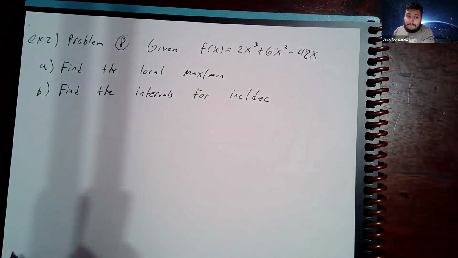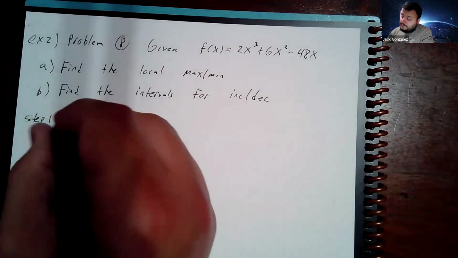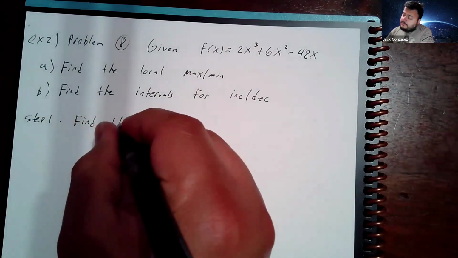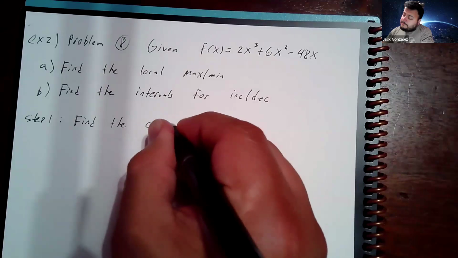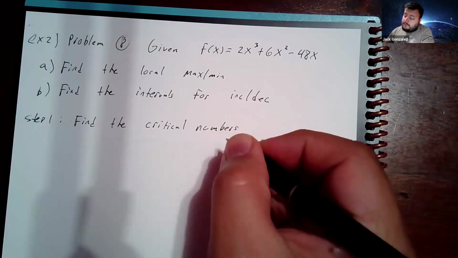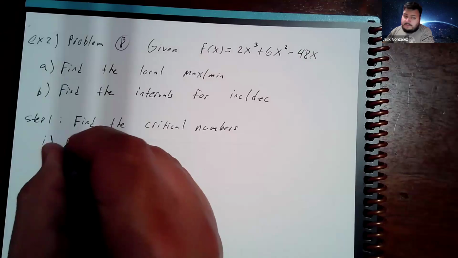All right. So step 1, I'm going to try to shorten the steps a little bit, not too much. Find the critical numbers. Combining 2 steps into 1 here. First part is find the derivative.